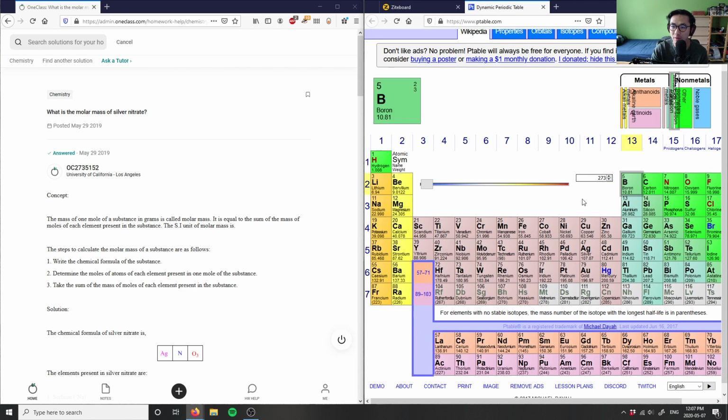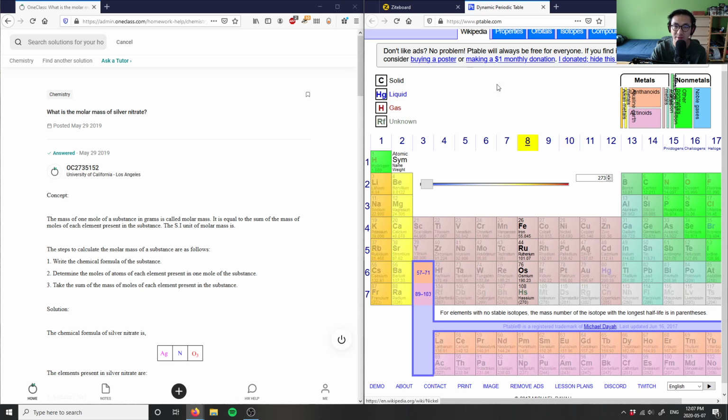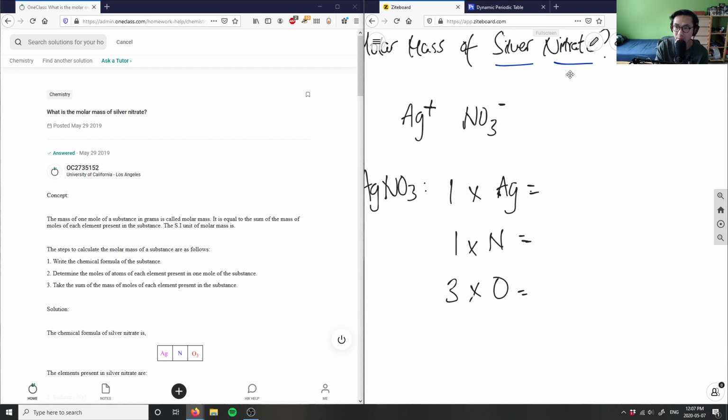Silver, if I go into my periodic table, is number 47. It's a transition metal. It has an atomic mass of 107.87. We're going to assume 1 mole of the substance, so I can write 1 times 107.87 grams per mole.